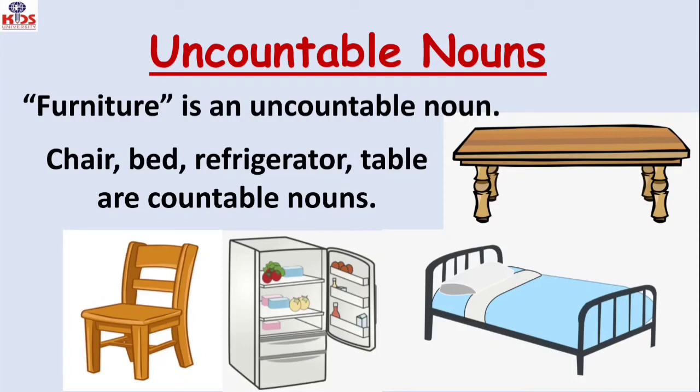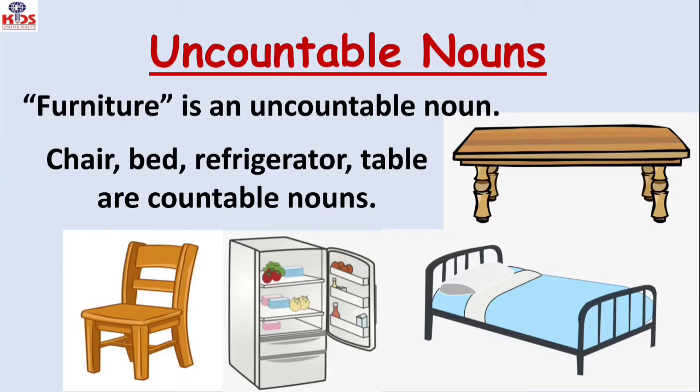So, another thing you will find with uncountable words is that a lot of uncountable nouns are actually categories. And what is the meaning of categories? Well, a category means a particular group of something, or it means any group of people or things having the same qualities.